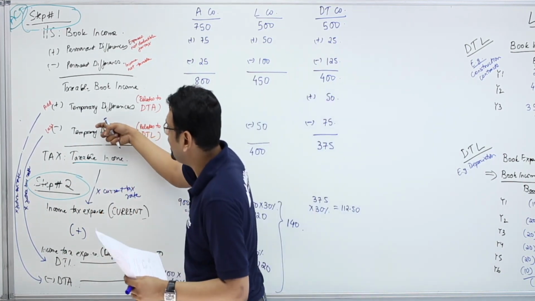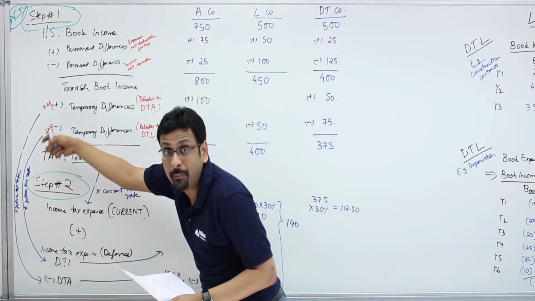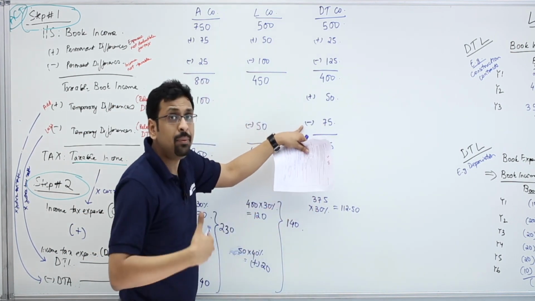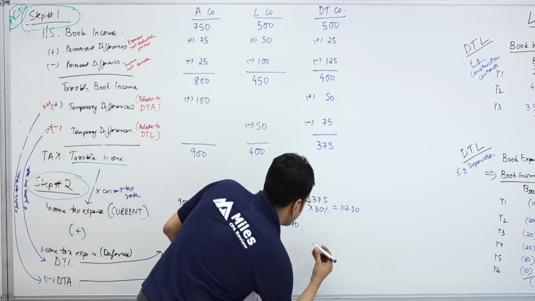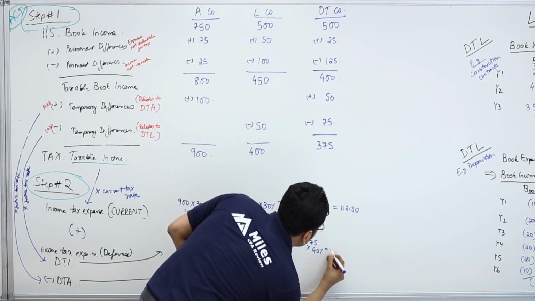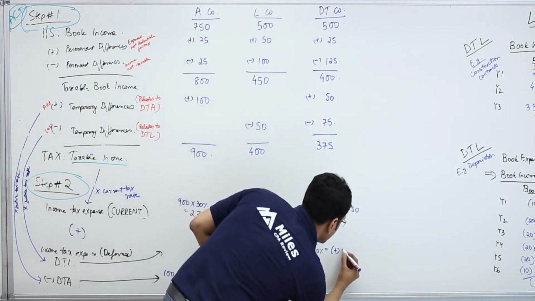That was less above the line. That was the depreciation part. Now below the line in step number 2, we're going to add it. So 75 is going to be multiplied by the future enacted tax rate of 40%. So we're going to have 75 into 40% and that is going to be an add. So the add is 30.